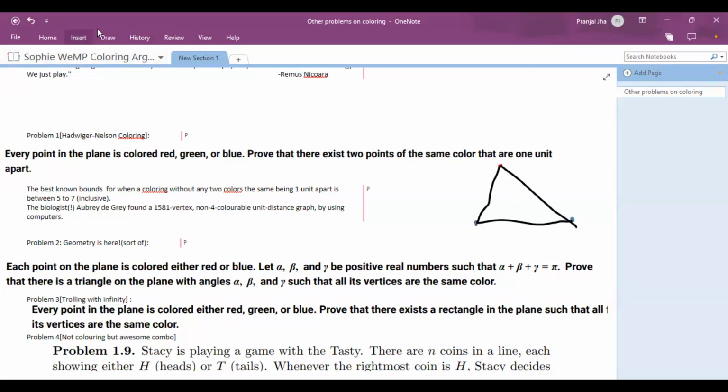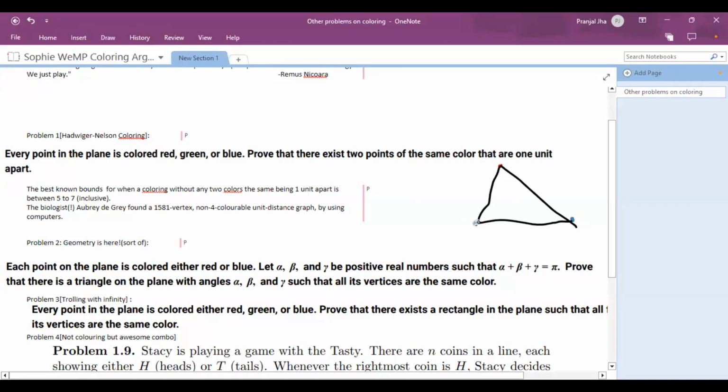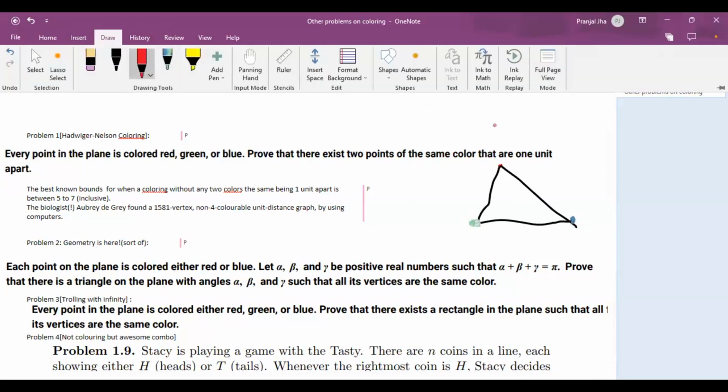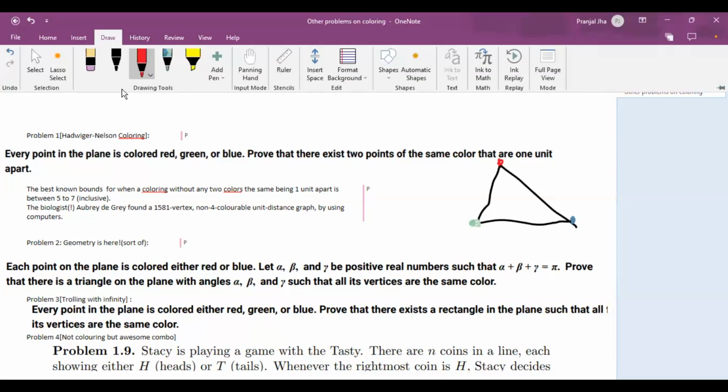Now, this is probably a bit hard. The second part. Okay, so colors mix over. Sadly. So which other triangles related to this triangle have angles alpha, beta, and gamma?